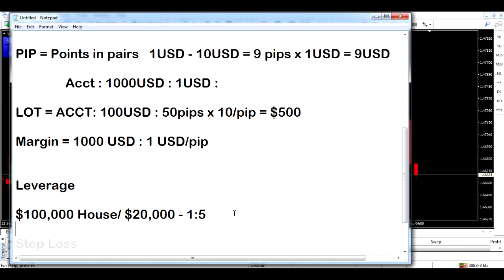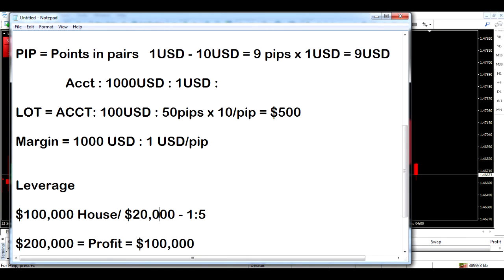So let's say you use this, and then the price of the house went up to 200,000 by the next year or the next hour. Your profit is equal to 100,000. So by using 20,000, you were able to profit 100,000 because of the leverage 1:5.